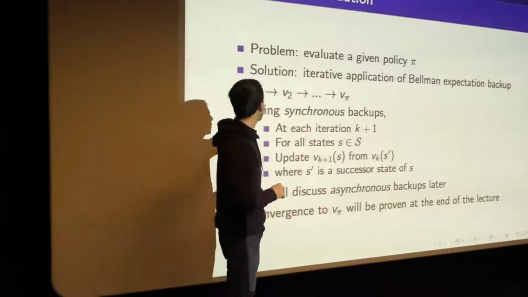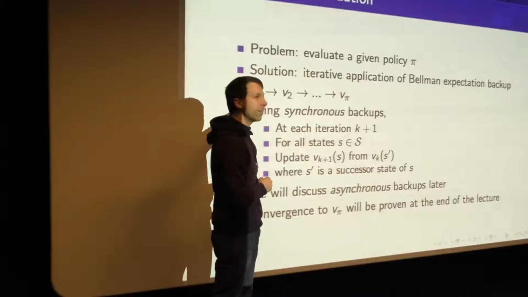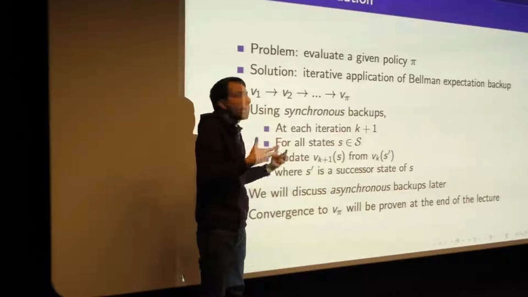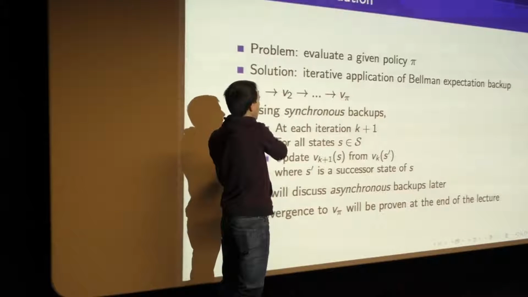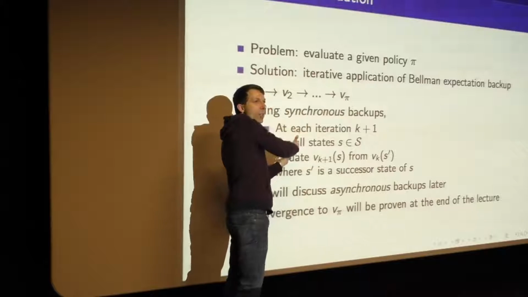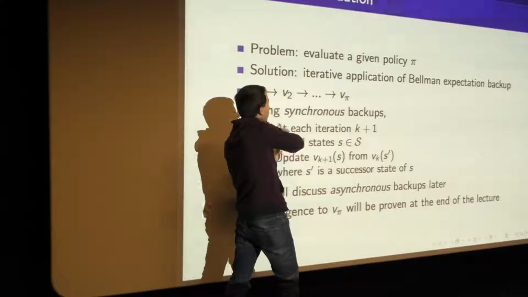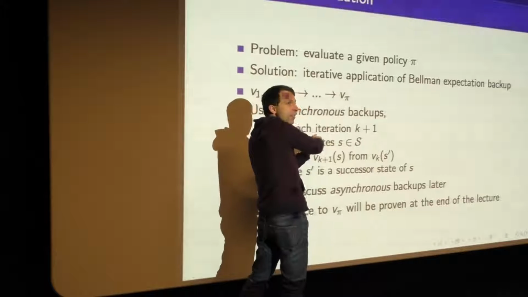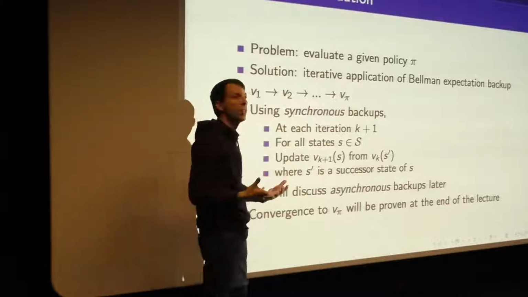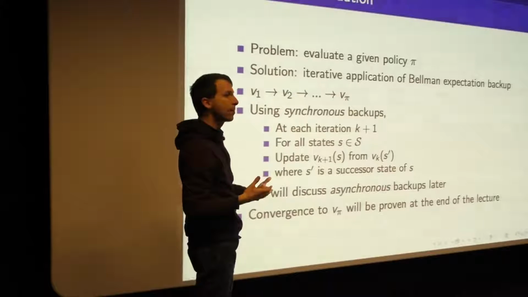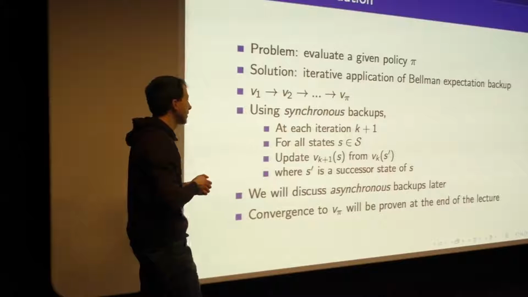We start off with our previous value function, and apply our iterative update to every single state in this value function to produce a complete new value function for all states. That's called synchronous evaluation. We consider all states at every step. And we'll consider asynchronous backups later, which can be more effective. But this is the simplest case.